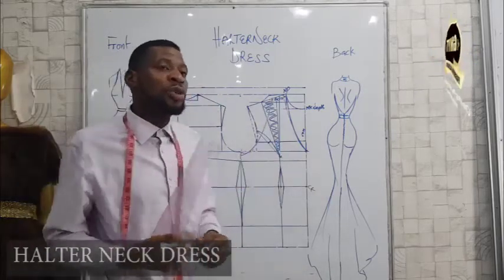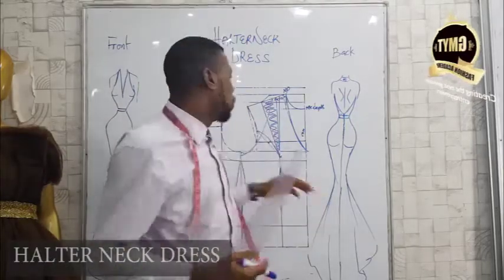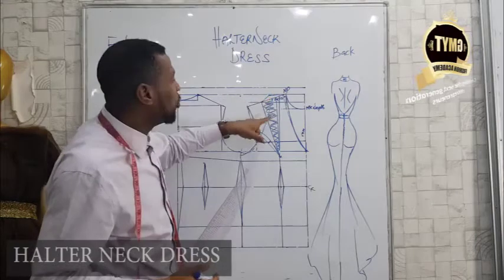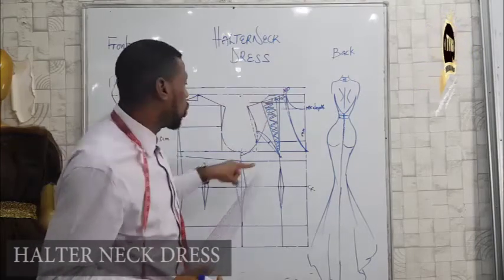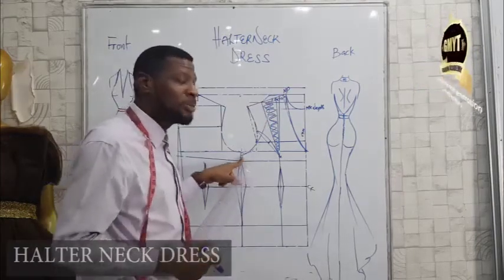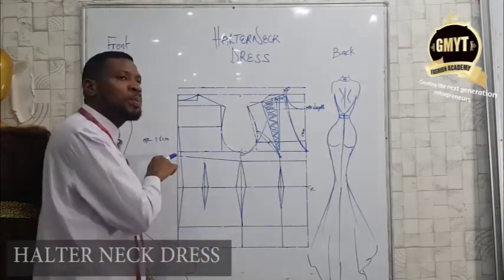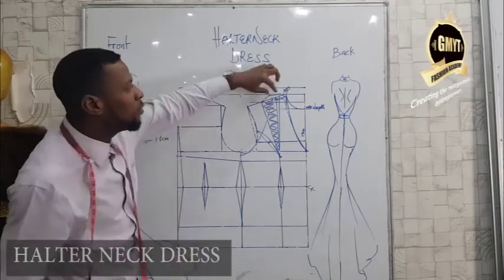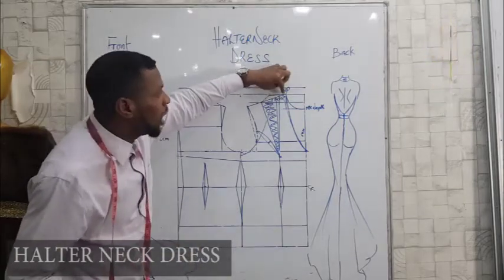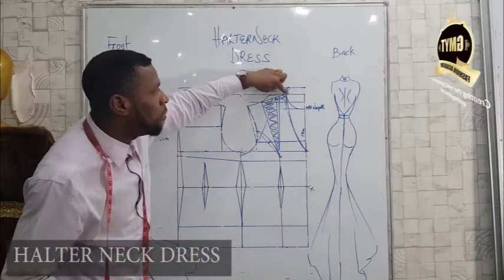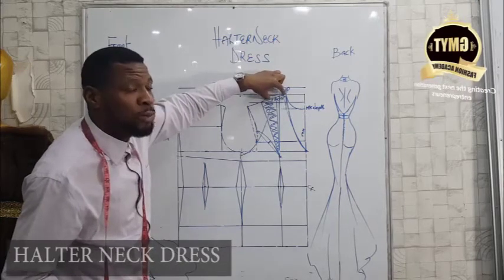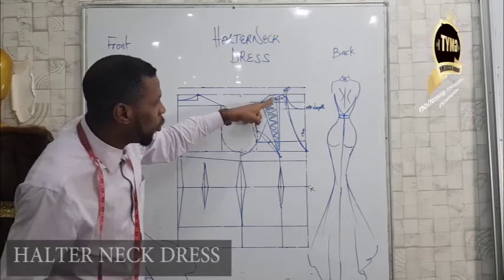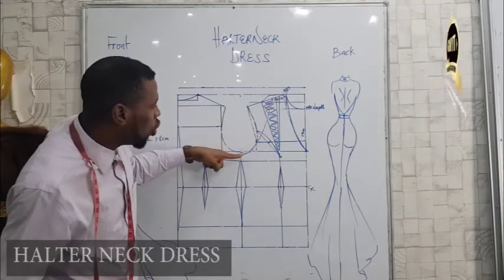Now you should know that because it's backless, once you alter from here, wherever the connection of your underarm from the strap width stops on the pattern, that is where the back point will start from. Let me come again. Once you have gotten your strap width, which I measure like 6 cm from my NP, and that's a bit of my strap for the halter neck dress, then you link a new line from that point coming towards your underarm.